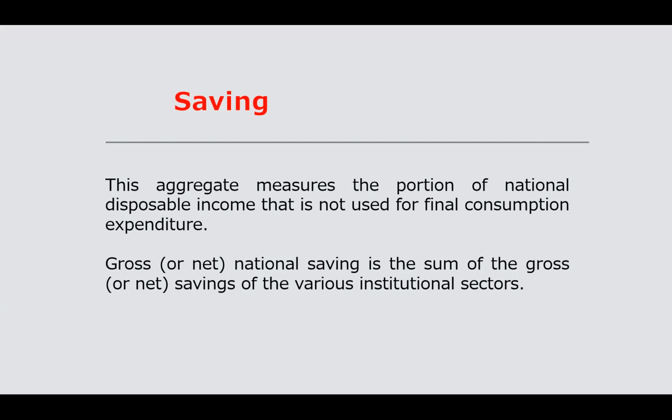And saving measures the portion of national disposable income that is not used for final consumption expenditure. Gross or national saving is the sum of the gross or net savings of the various institutional sectors.